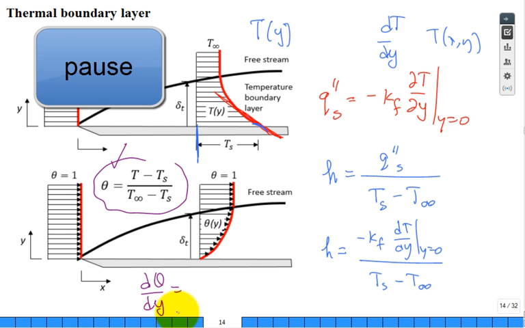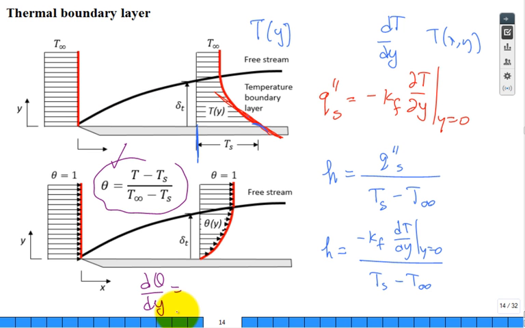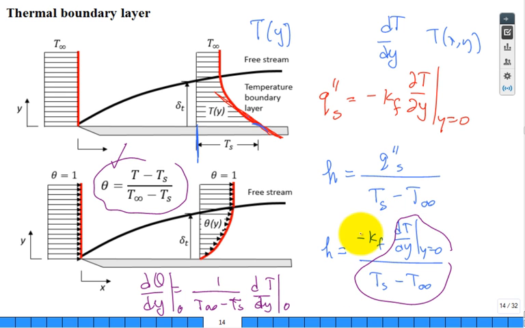I get tired of standing. I want to exercise my legs. So you have the constant T infinity minus Ts. That just stays there in the denominator. And then you'll just pick up dT dy. Right? And so if you look at it, you have this. If you now evaluate that at y equal to 0, what is all of this with the minus sign?